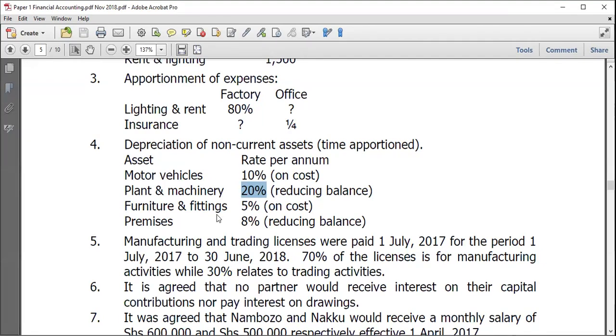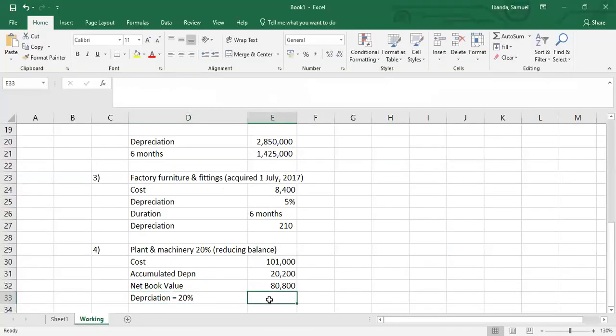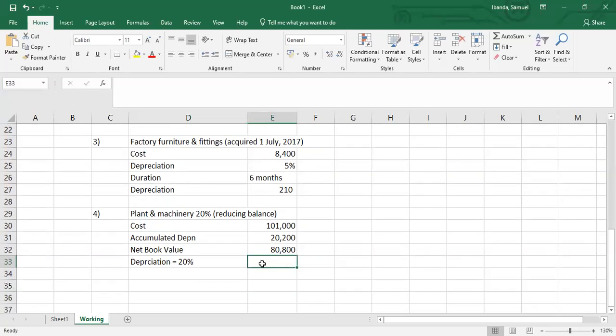It's a 20%. So this means I'm going to get 20% and multiply it by my net book value, which I've gotten as 8,800. I hope you're seeing that, which gives me 16,160. And this one has stayed the whole year, so I don't have to time apportion it in any way.